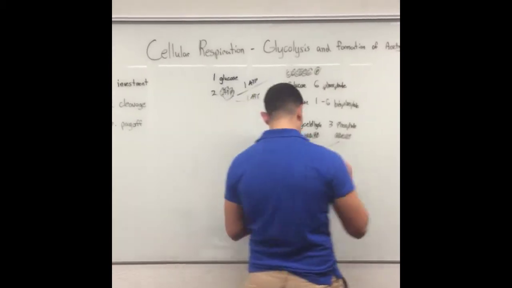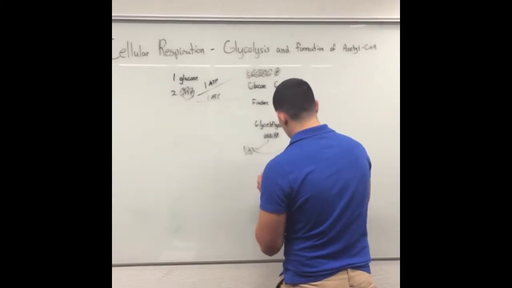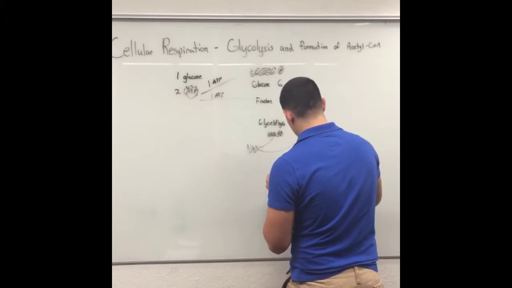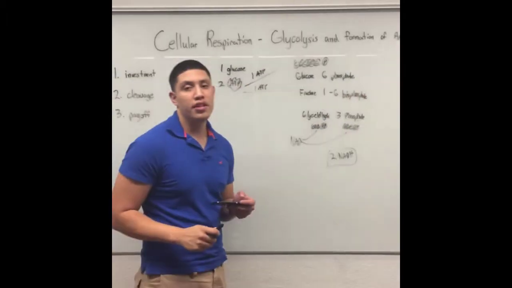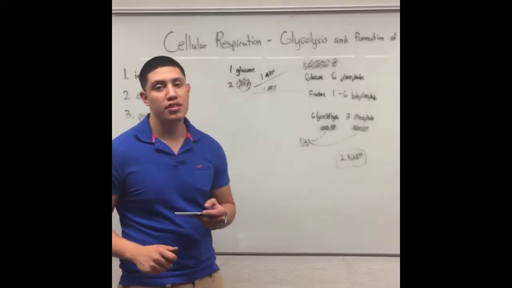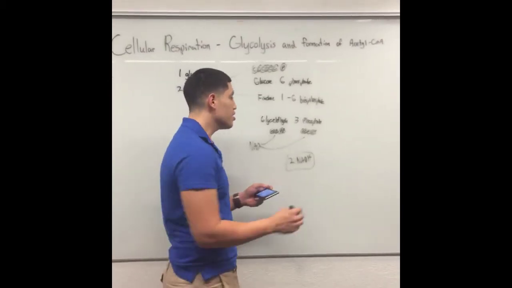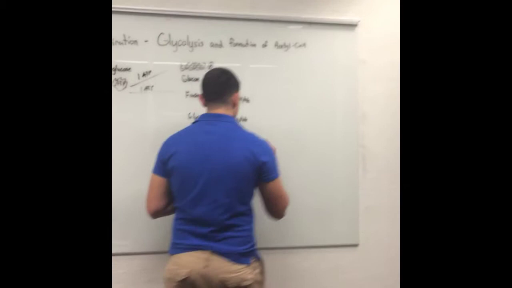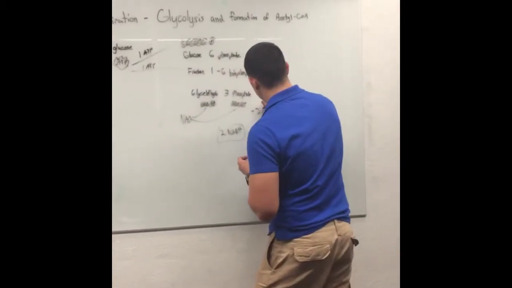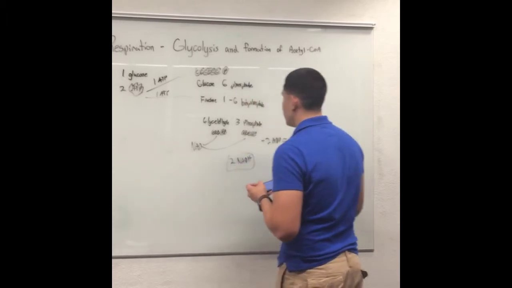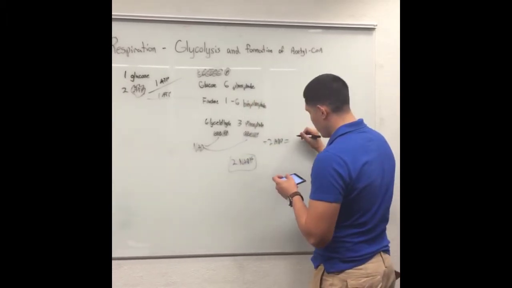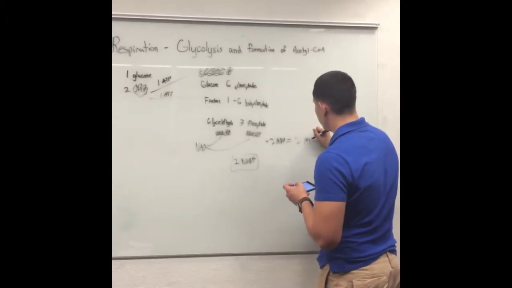So we're going to end up gaining 2 NADHs. And this is important because these are going to be used later on in the cellular respiration process to make more energy. And also in this process, 2 ADPs are going to come by, and they're going to connect with 2 phosphate groups, and we're going to have 2 ATP molecules.